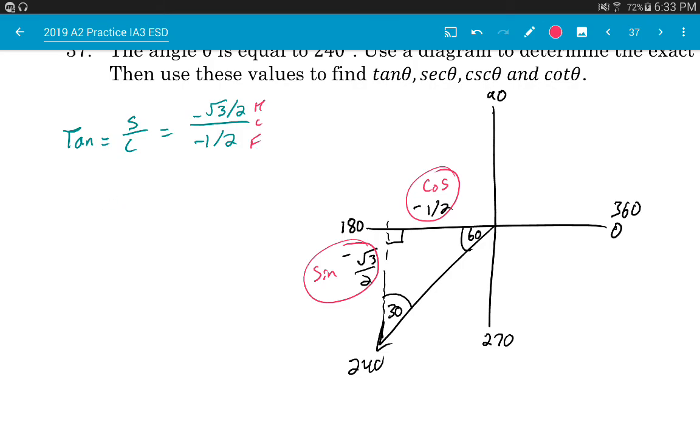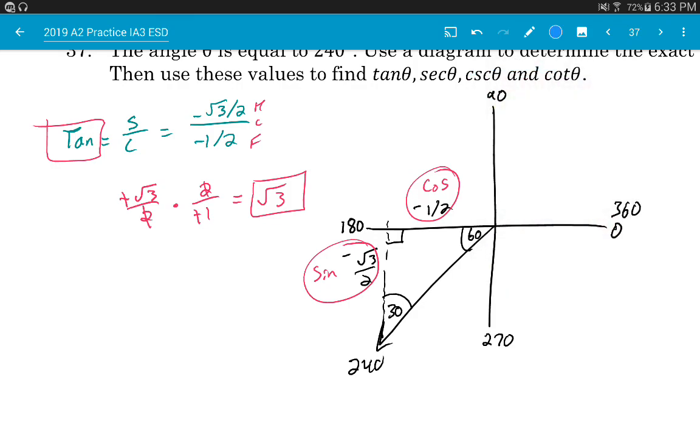Tangent's the only one that takes work, by the way. Every other one's pretty easy. So I'm going to keep the negative radical 3 over 2, change the multiplication, and flip it to 2 over negative 1. The negatives will cross out, the 2's will cross out, and radical 3 over 1 is just radical 3. So tangent is radical 3.